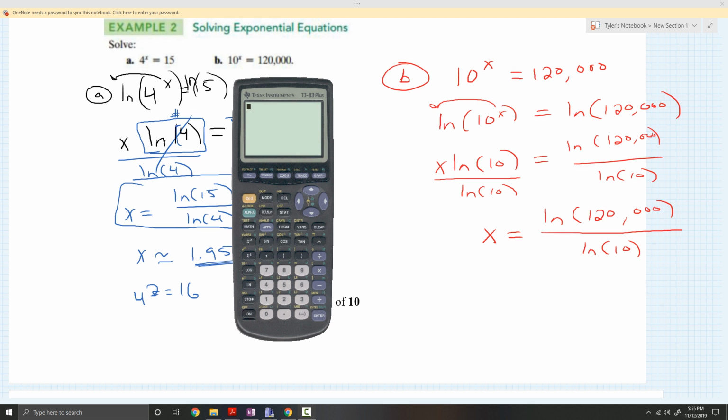So to get an approximation, I can just take the natural log of 120,000 divided by the natural log of 10, and I get roughly 5.0792 if I round to 4 decimal places.